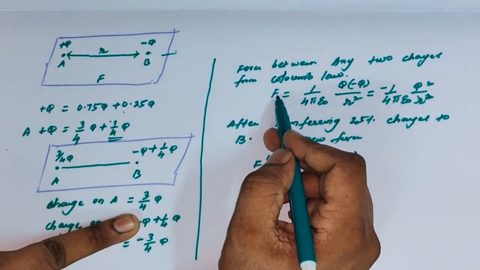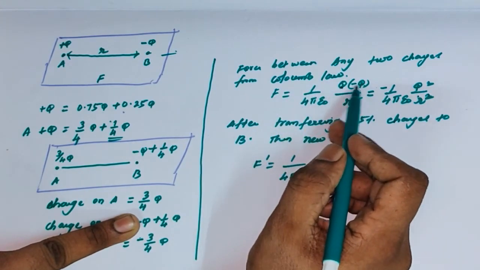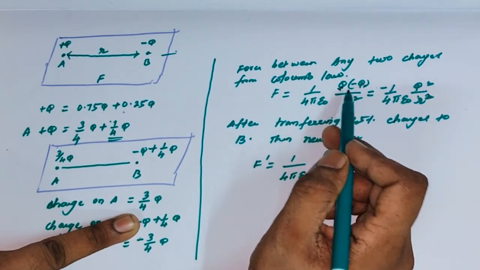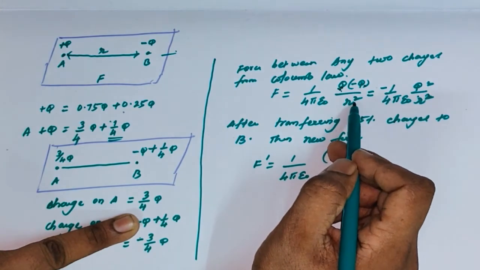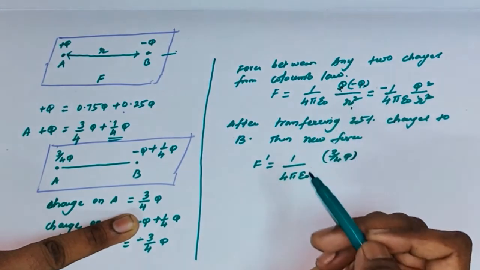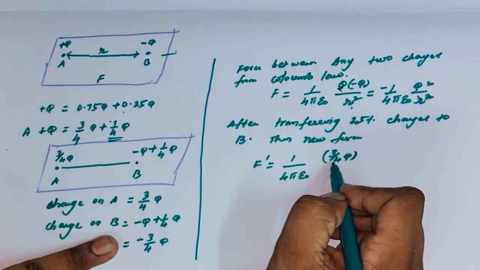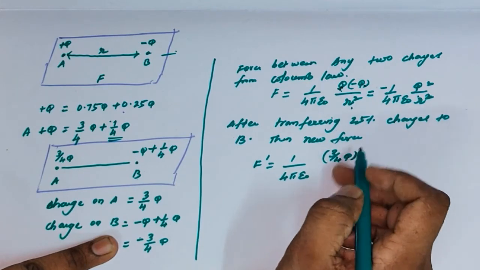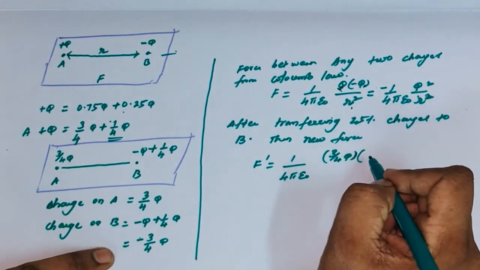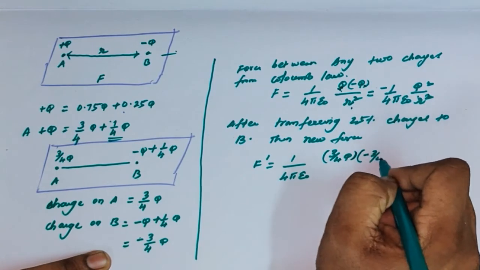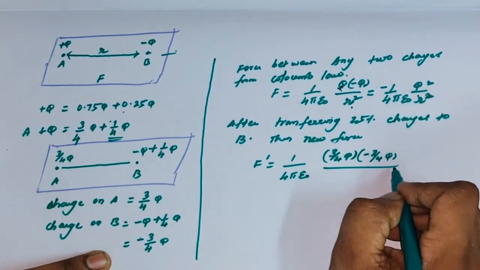The force is directly proportional to the product of the two charges and inversely proportional to the square of the distance between them. The first charge is 3 by 4 Q, the second charge is minus 3 by 4 Q, divided by the distance.